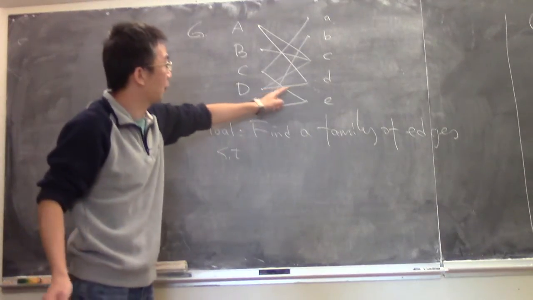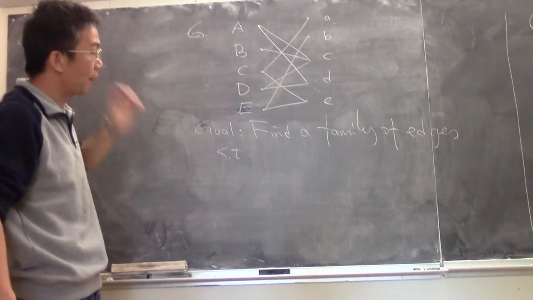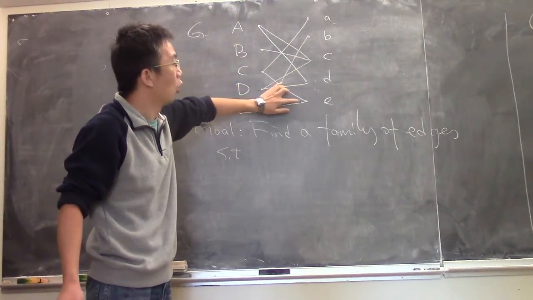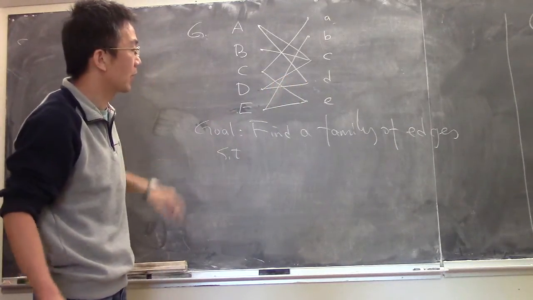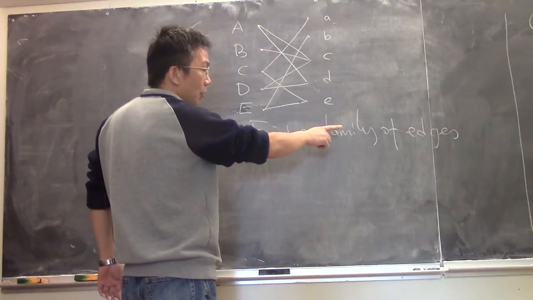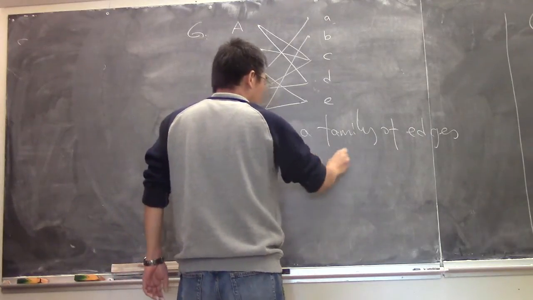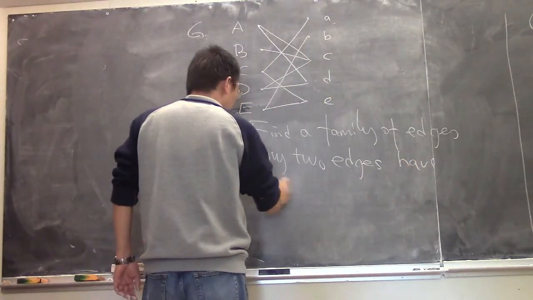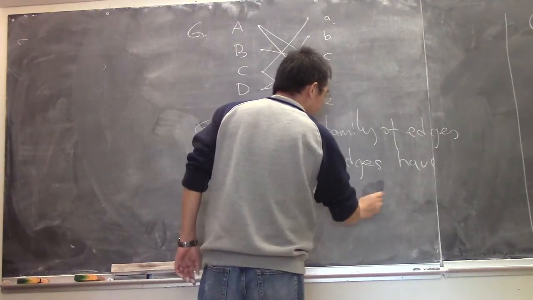Because each person can only be assigned one job, I don't want two people assigned to one job or two jobs assigned to one person, right? So I'm going to make the assumption that any two edges have no common endpoints, no common vertices.